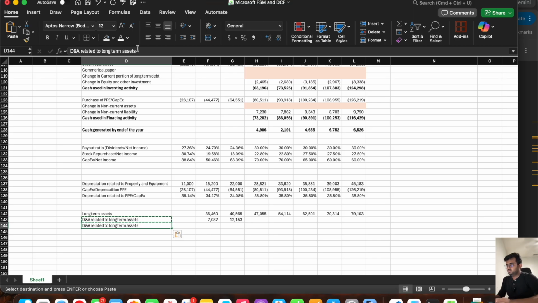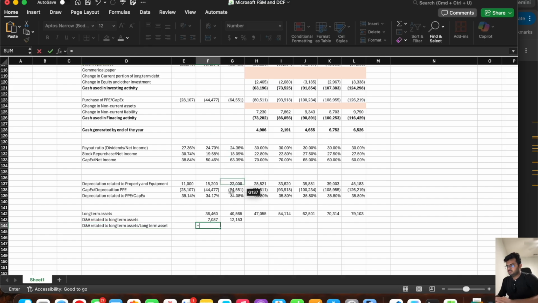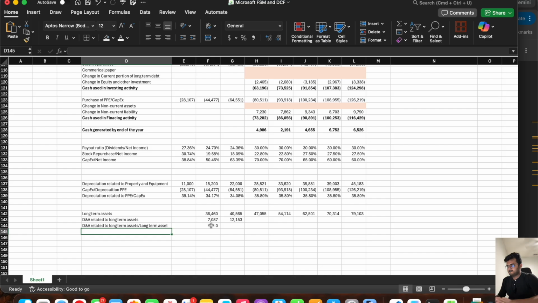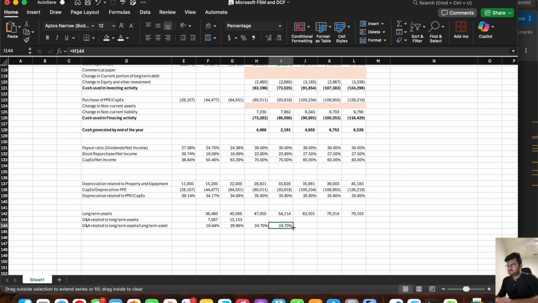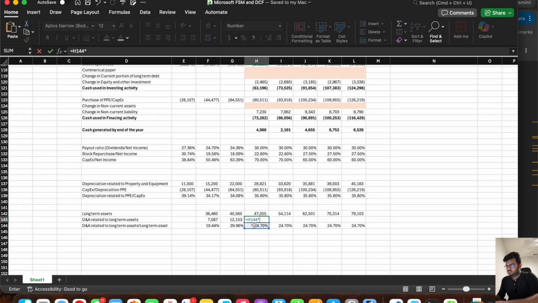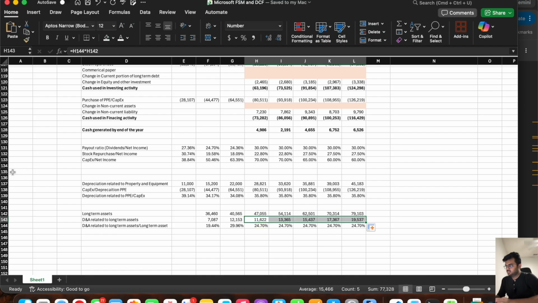So by total asset. So with this, I will calculate what is the D&A related to long-term assets, which is this number multiplied with this number.